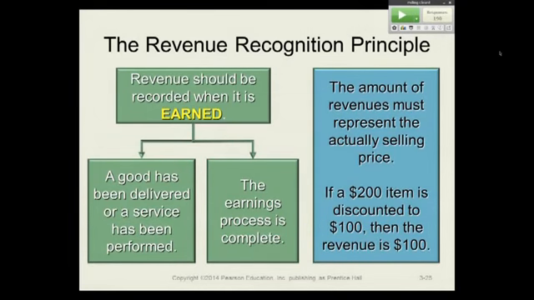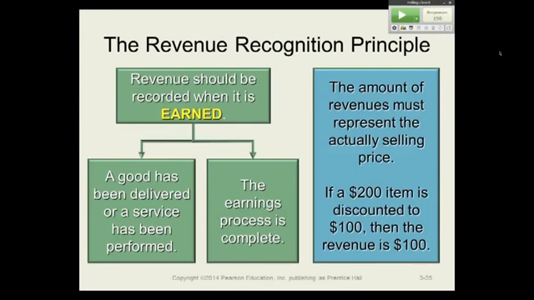To summarize, revenue is earned when the goods are delivered or the service is performed. That is an exchange, and then you have the earning process being completed. When we perform the product or service, we record the amount at the historical amount.